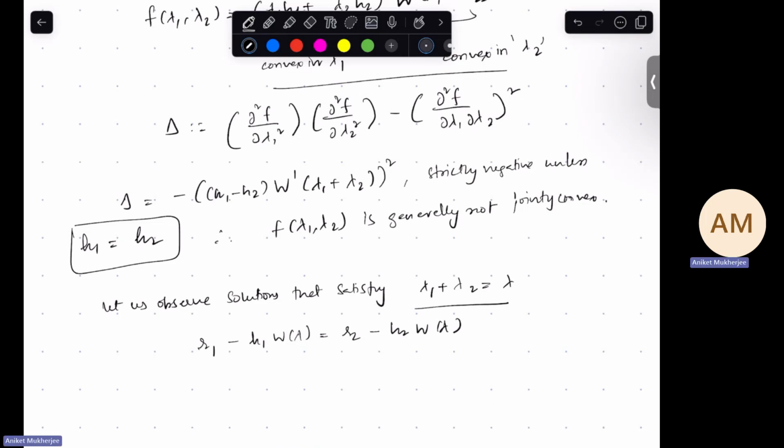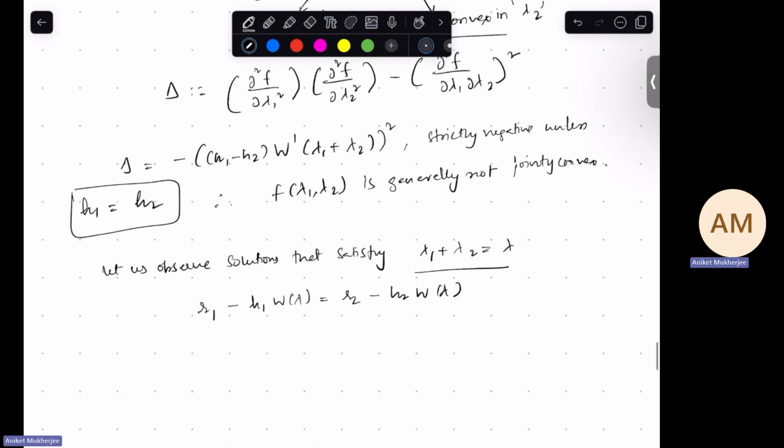Along this line, both the total flow lambda and the net benefit B lambda 1 and lambda 2 are constant. So B lambda 1 comma lambda 2 is equal to some constant. Let us say that this is true.